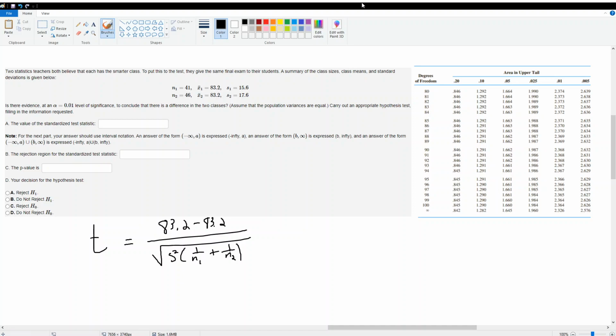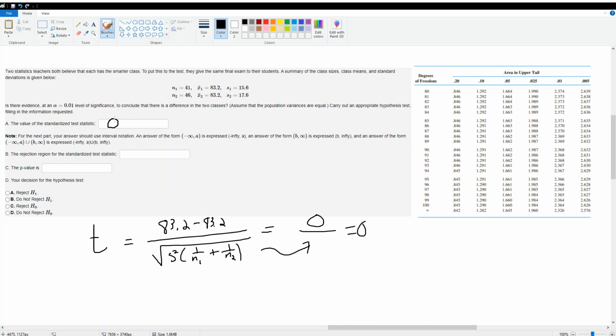You might ask, hold on, what is that? You haven't told us. Doesn't matter. Why? Because the numerator is 0. If that's 0, no matter what the denominator is, this is going to be equal to 0 over that, which is 0. So our test statistic is literally 0.